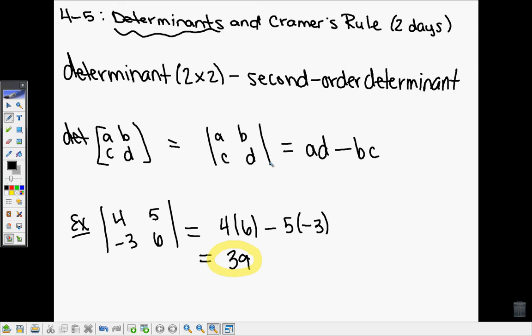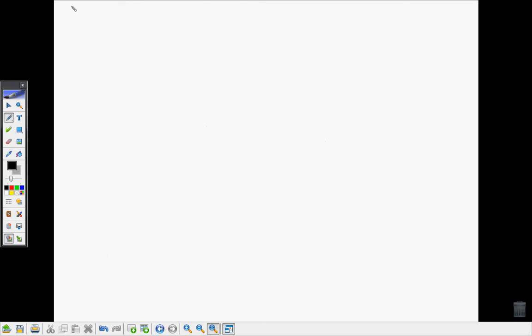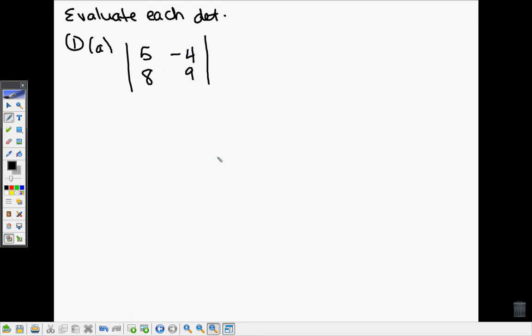Okay, let's do another one. The directions are going to say, evaluate each determinant. So, number 1A. Our determinant is 5, 8, -4, 9.